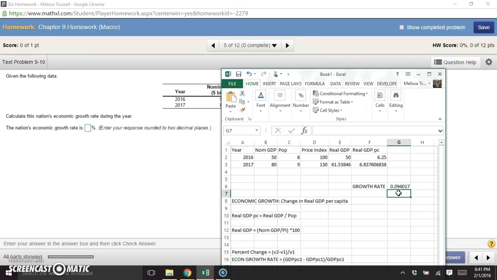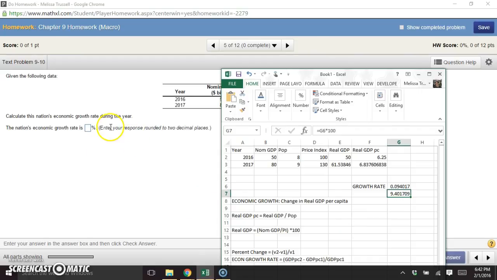And I'm given a growth rate of 0.094017. They asked for it in percentage form. We have it in decimal form. So how do you go from decimal to percent? You just multiply by 100, right? So I have the decimal here of 0.09. I'll take that times 100, and I have a nice percent. So my answer is 9.401709%.